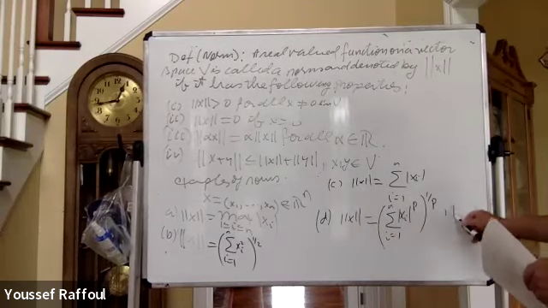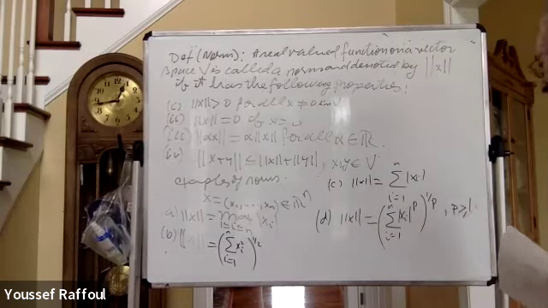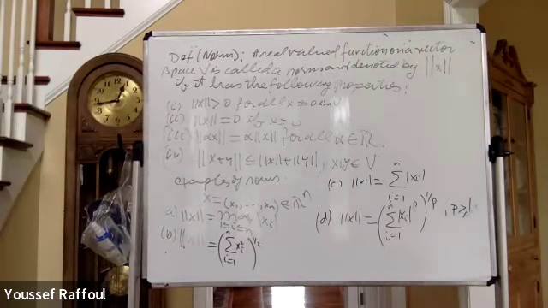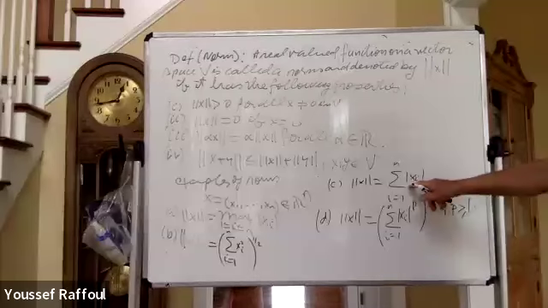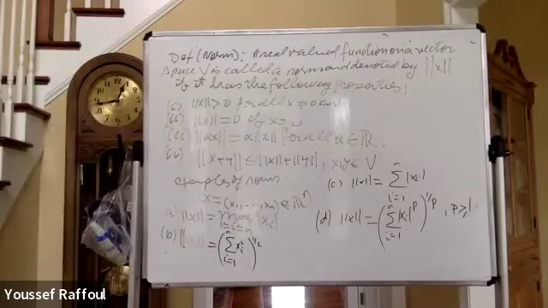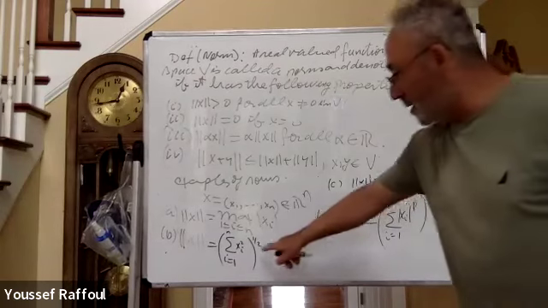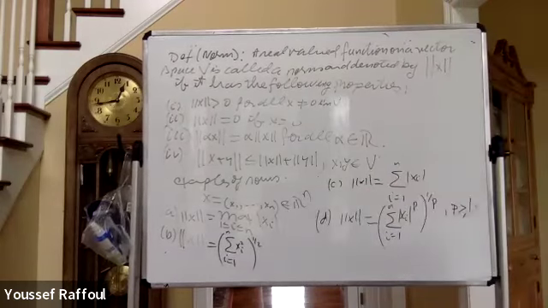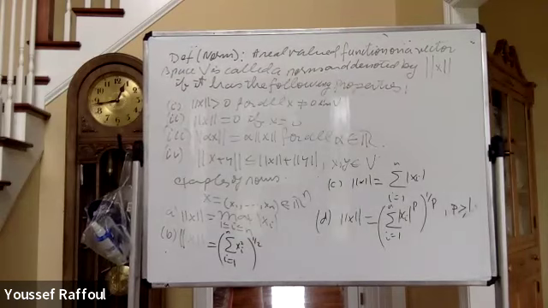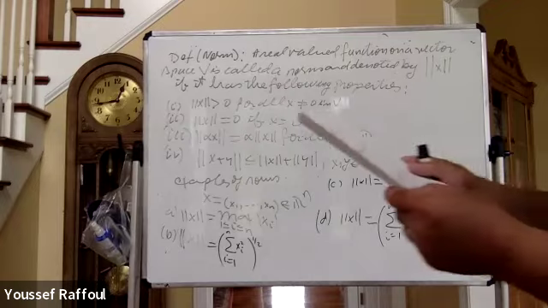And p is bigger or equal to 1. Okay? If p equal to 1, you will get this one. All right? If p equal to 2, you will get this one. All right? And so forth. So all these are different norms.